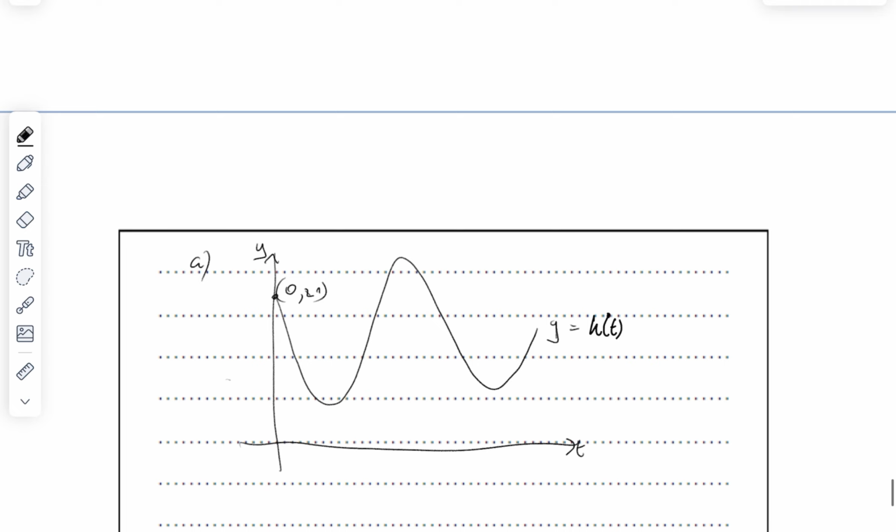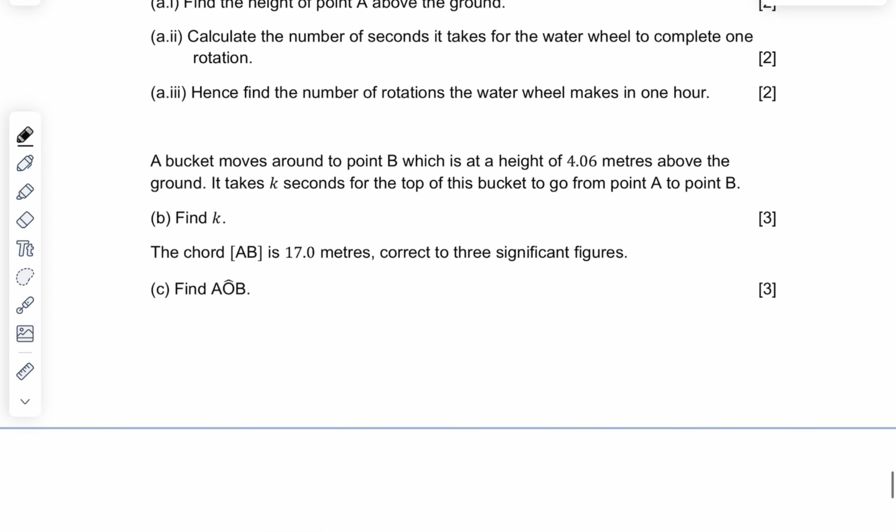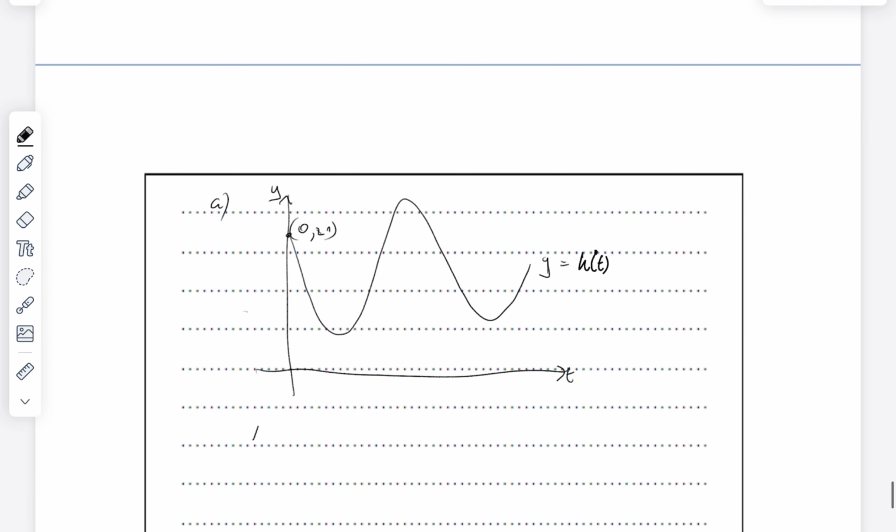So therefore A is 21 meters above the ground.